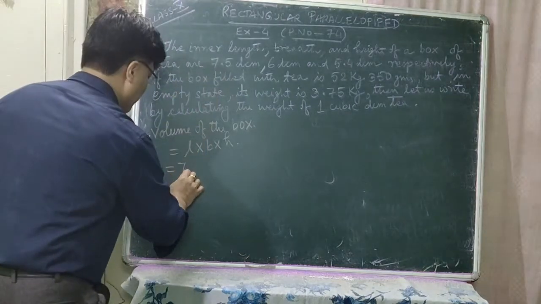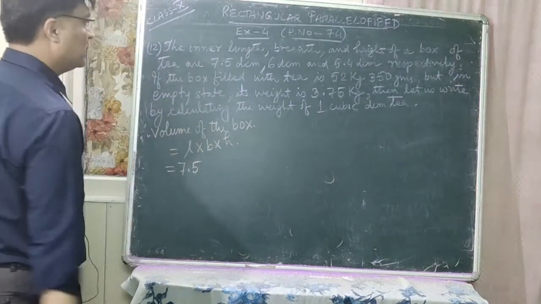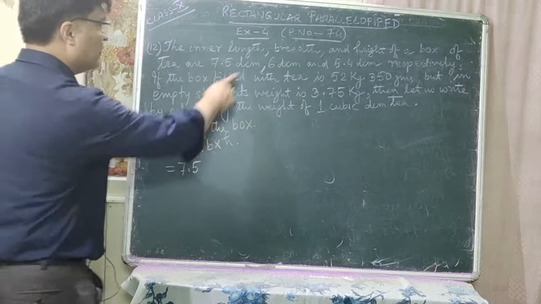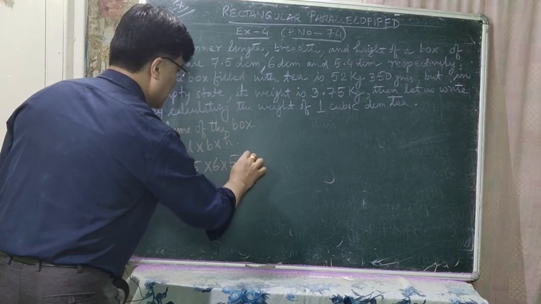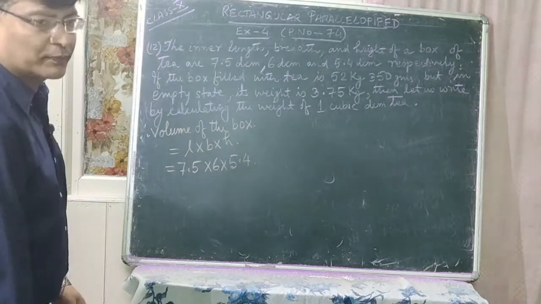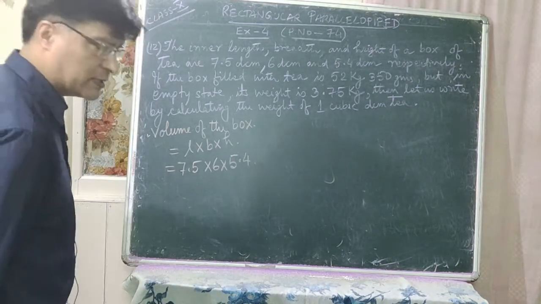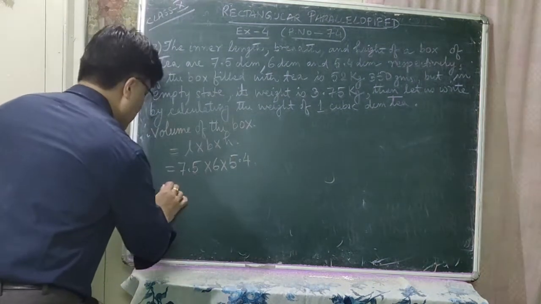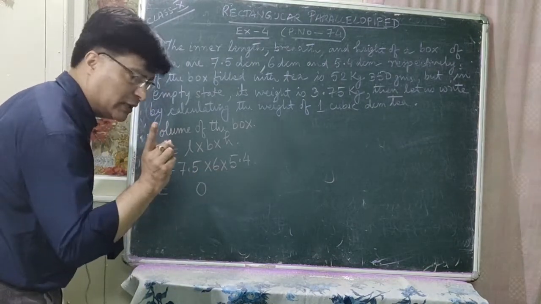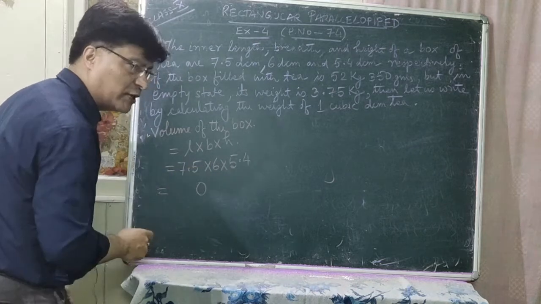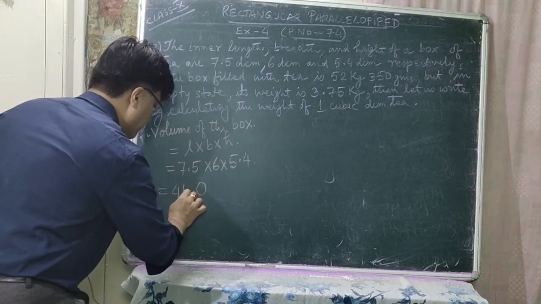Which is equal to, what is the length here? Length is 7.5. What is the breadth here? 6. And what is the height? It is 5.4. So let us simplify it. 6 5s are 30, 0, 3, 7 6s are 42 plus 3 is 45.